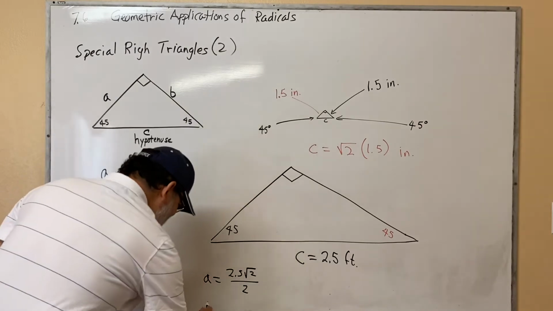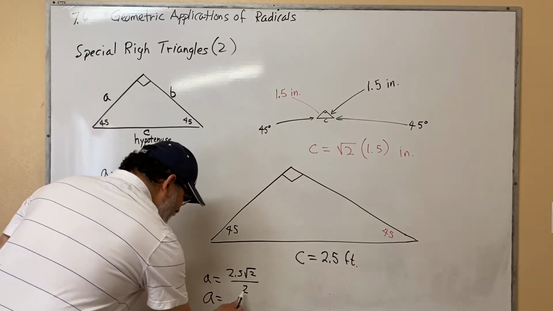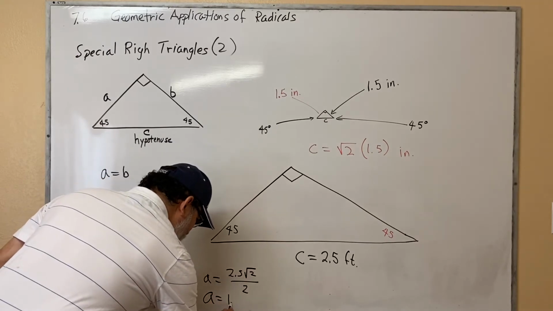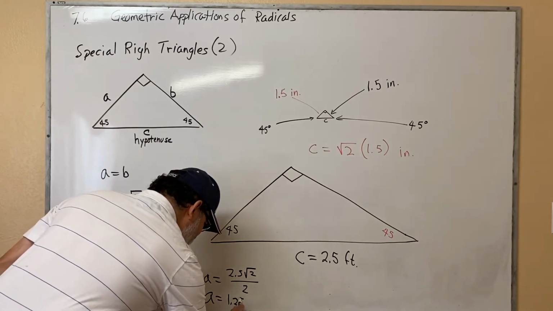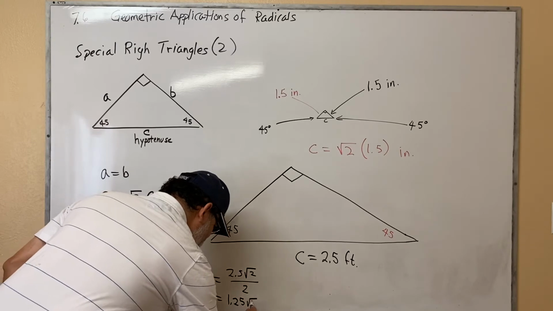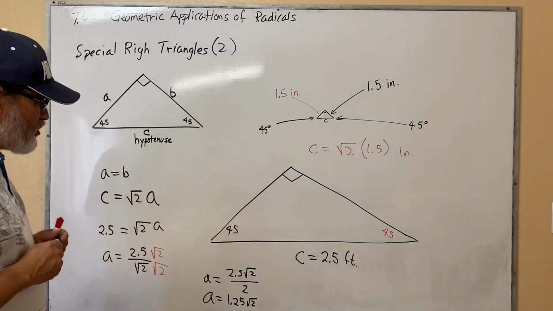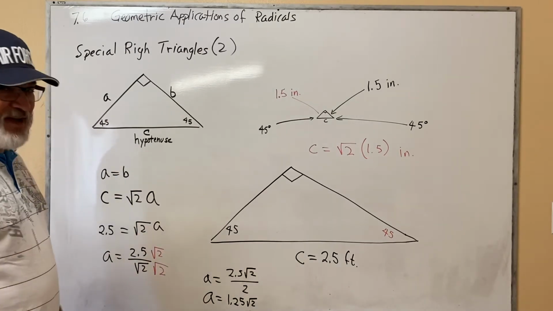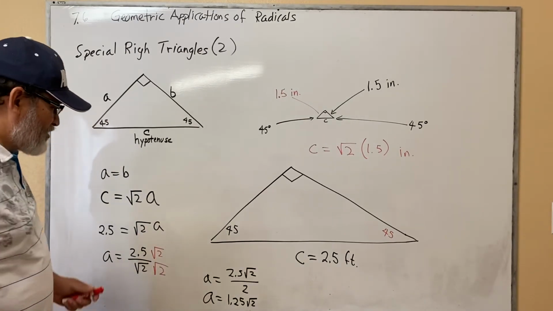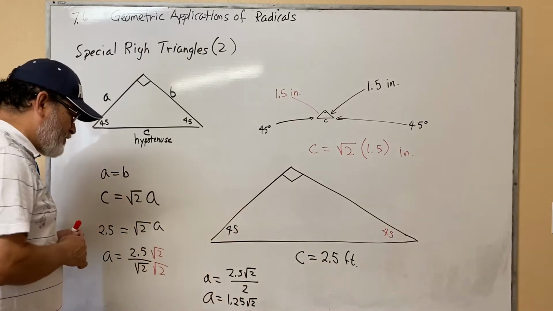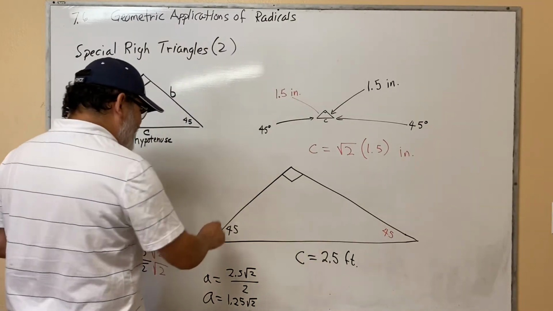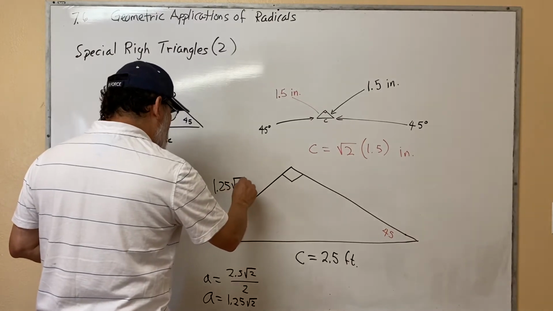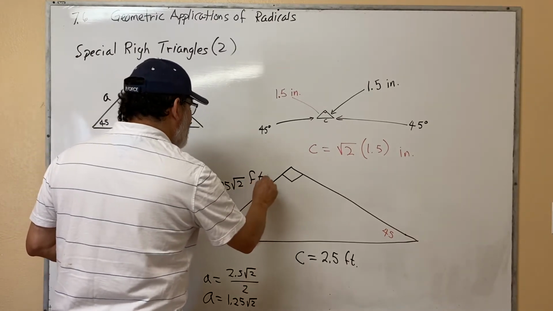So watch this. A equals, how many times does 2 go into 2.5? 1.25 times the square root of 2. And now you can use your calculator and find out what that is. So this is in feet now. A is 1.25 times the square root of 2 feet.